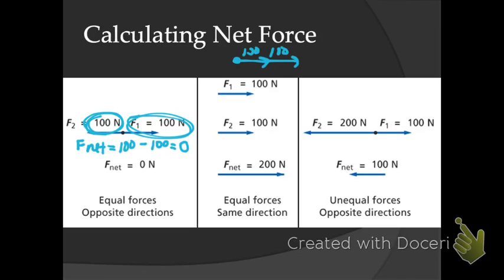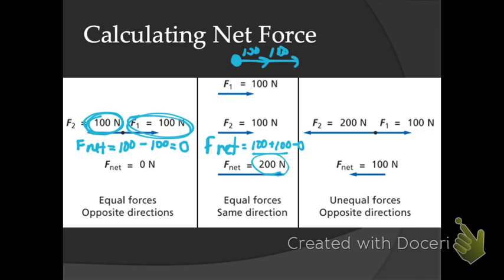So I would say F net equals positive forces minus negative forces, which I don't have any negative forces in my system here. But I do have to add together my positive forces, so I get positive 200 newtons for my force.